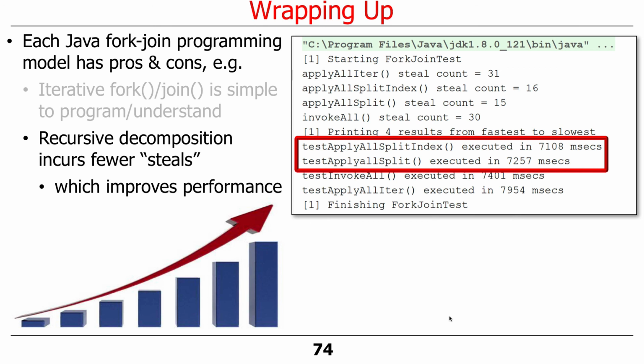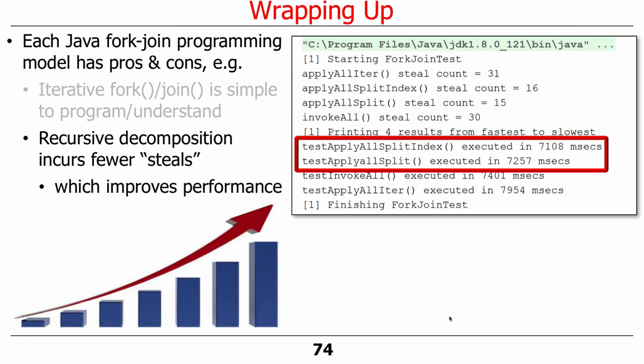Now, again, your mileage may vary. There are different scenarios under which this is a win. And a lot of it has to do with other factors like how big is each computation. If you do very, very long running computations, let's say some really complicated mathematical expression for each element in the array, then the overhead of work stealing kind of goes into the noise, right?